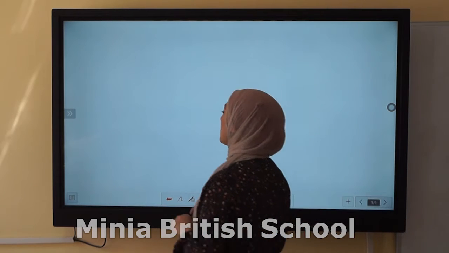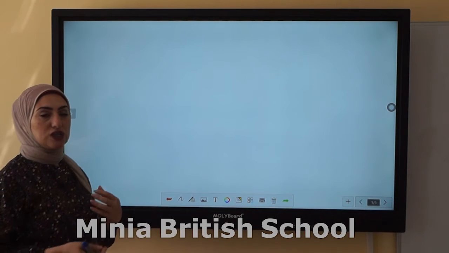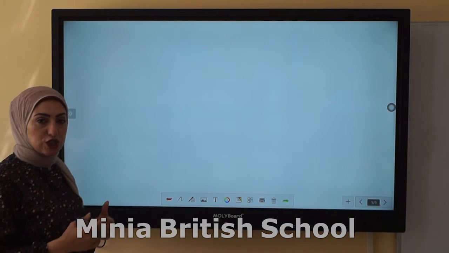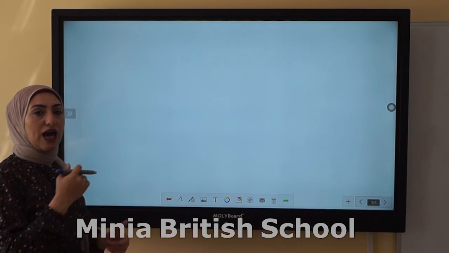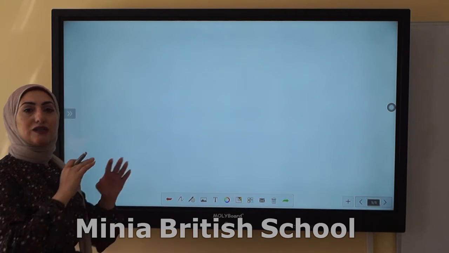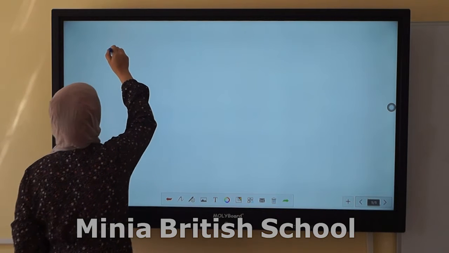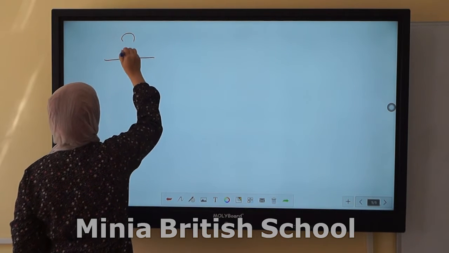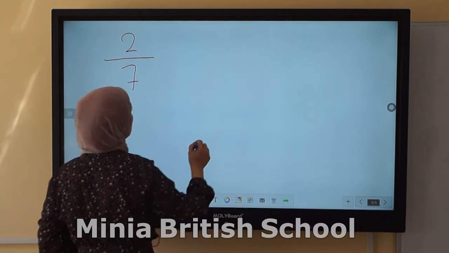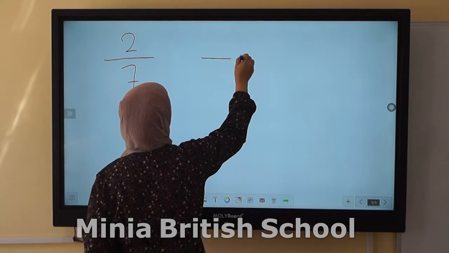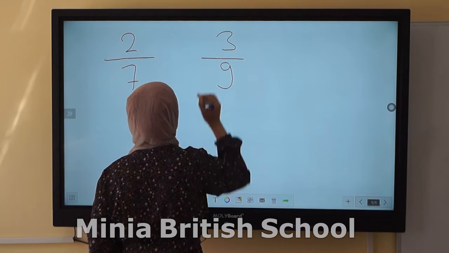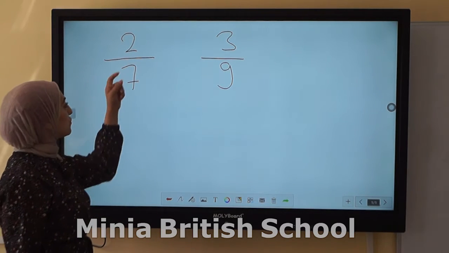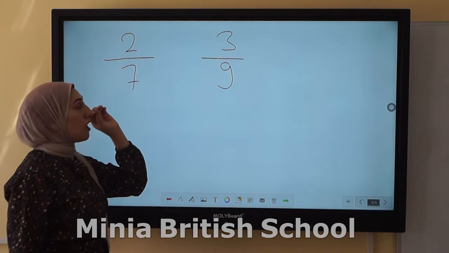Okay. What if they are different? What if they are two fractions, their denominators and their numerators are different? For example, 2 over 7 and 3 over 9.